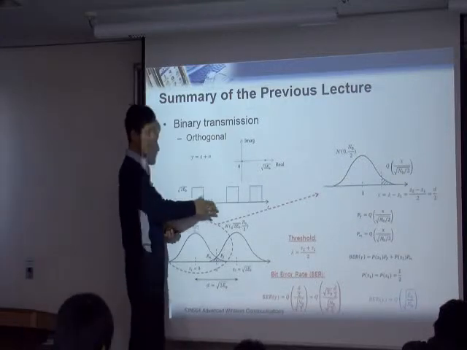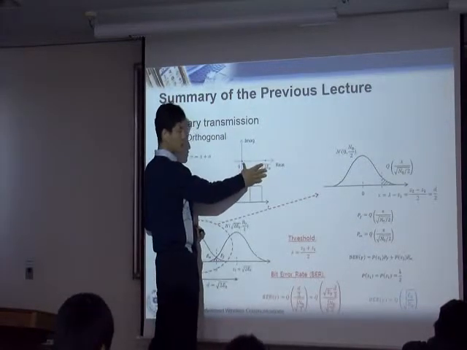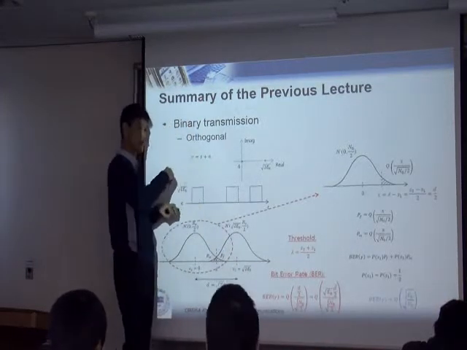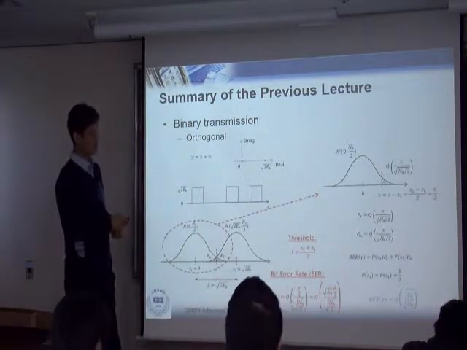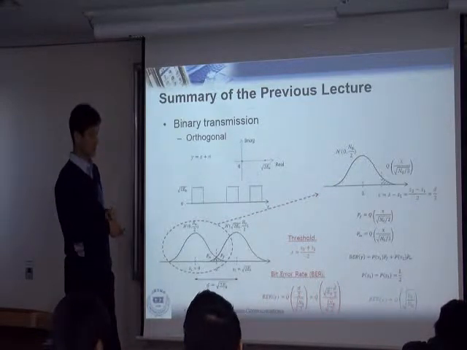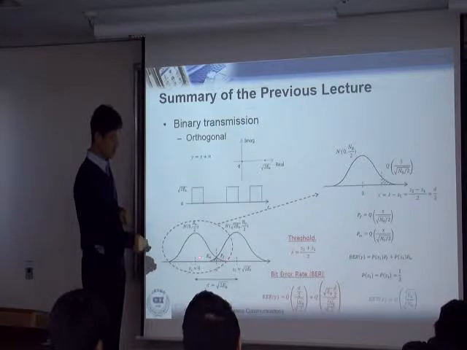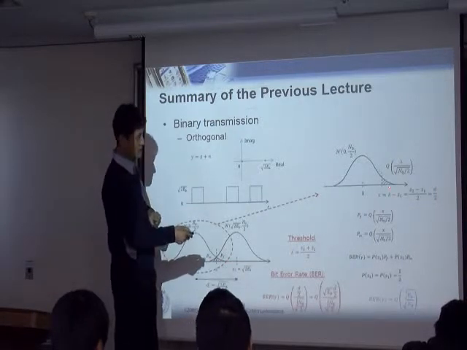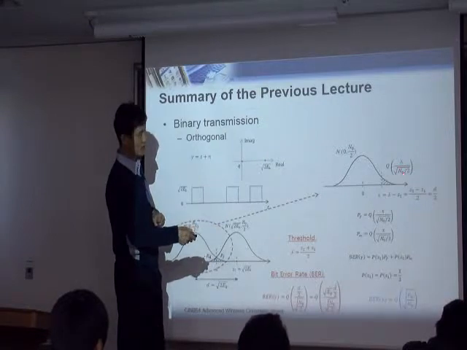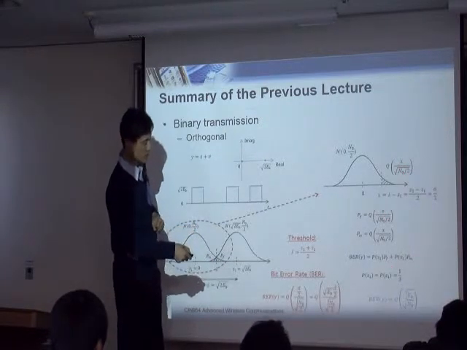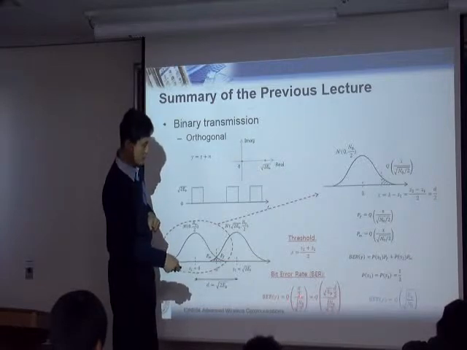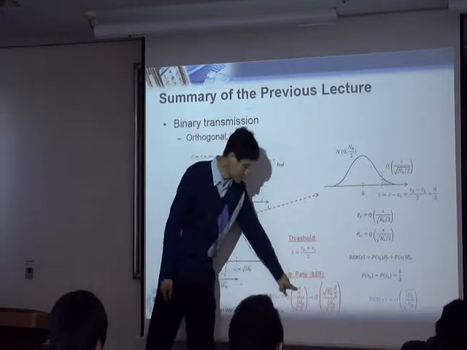But if you look at the distance between these two symbols, this distance is shorter than in the previous antipodal case. That really matters in terms of error rate calculation. Once you have a smaller distance, that basically means that inside the Q function, right here, this is the actual BER, you have a distance like this.